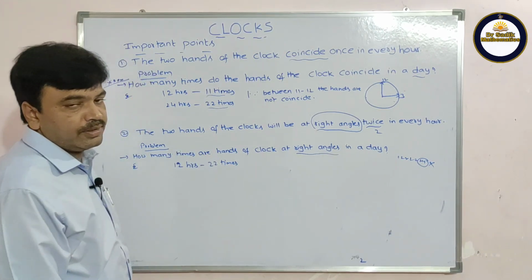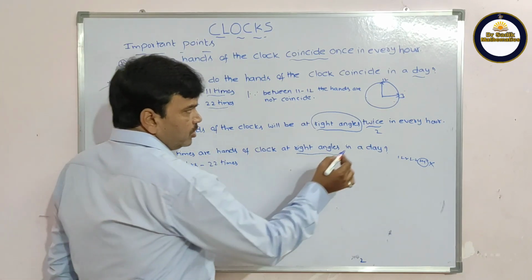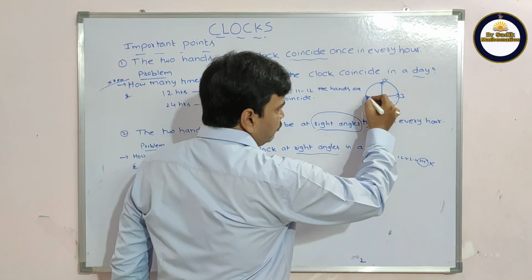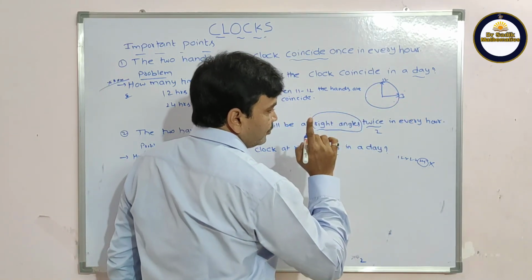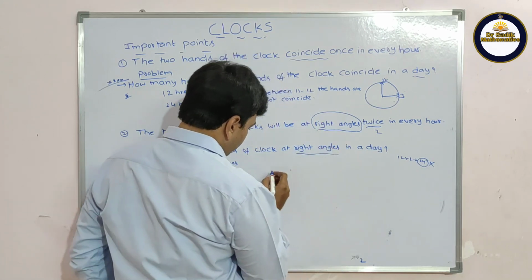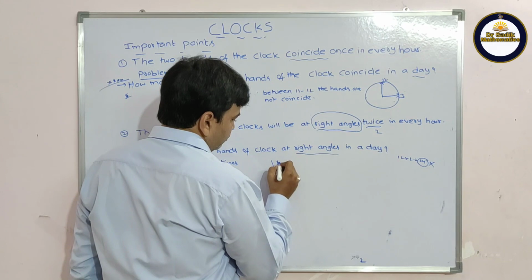22 times, because between 3 to 4 they make only one time right angle.